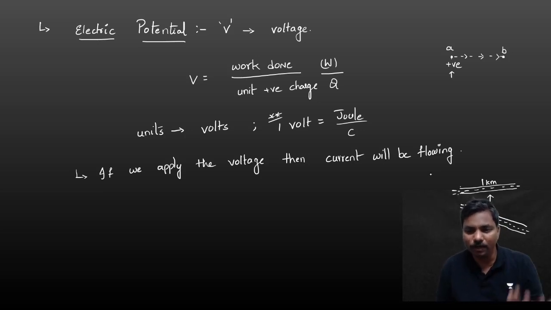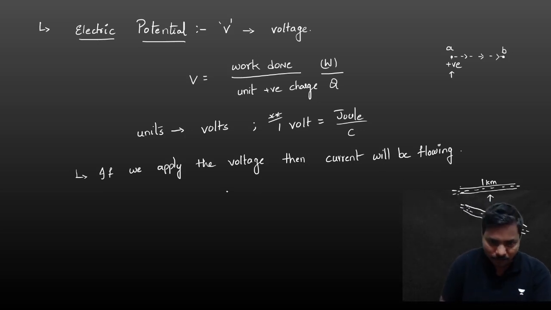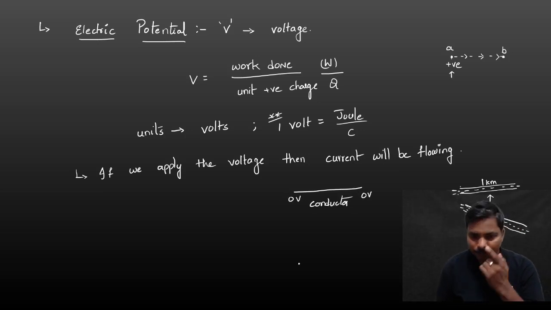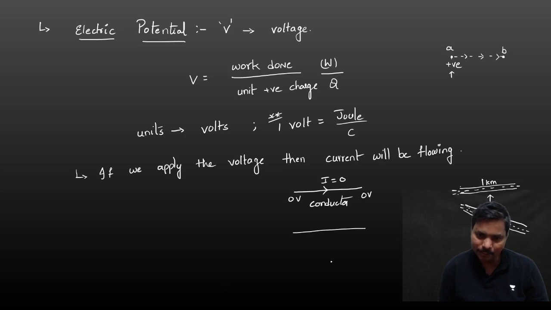In the same way, if you consider a conductor, here zero potential, here also zero potential, then there is no difference. There is no difference in the potential, so there is no current flowing. For example, in the same conductor, here if we have 10 volts, here we have 0 volts.